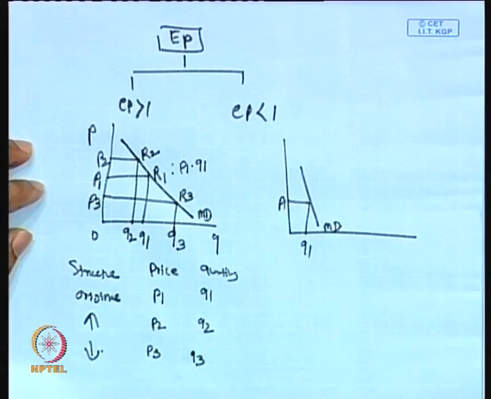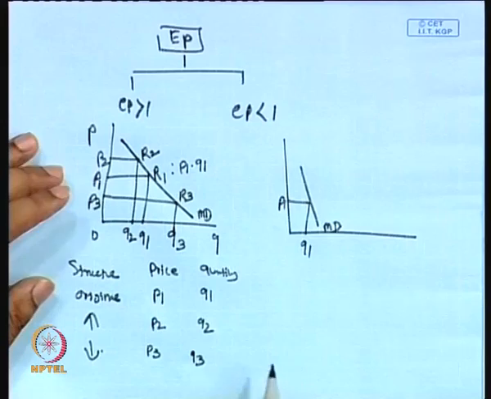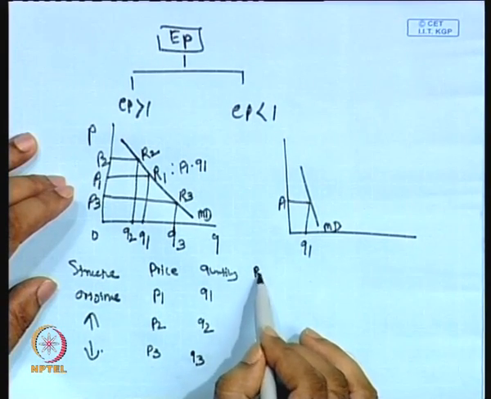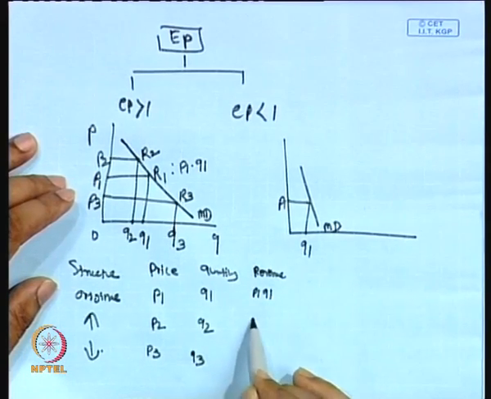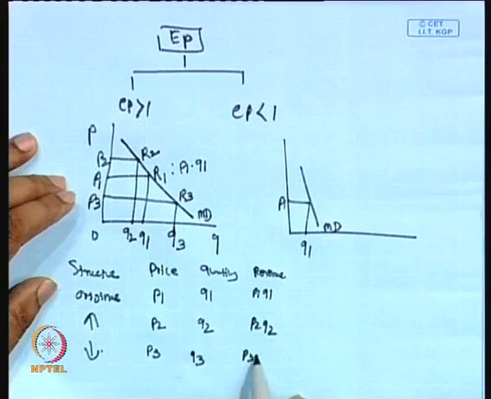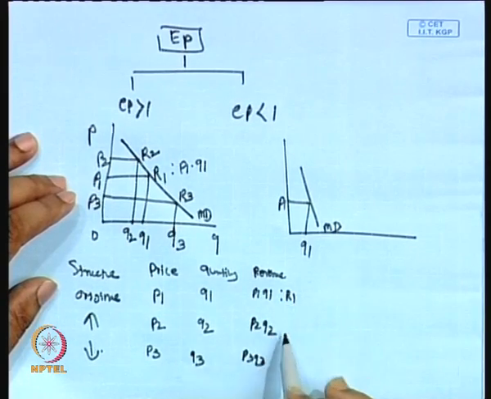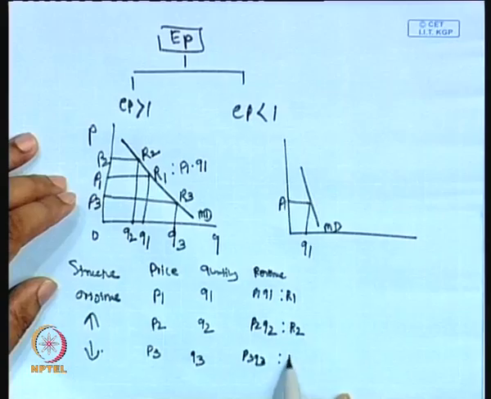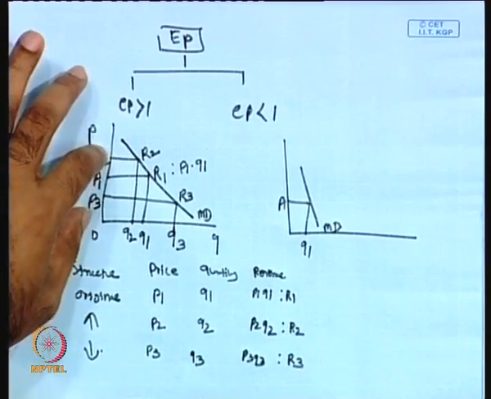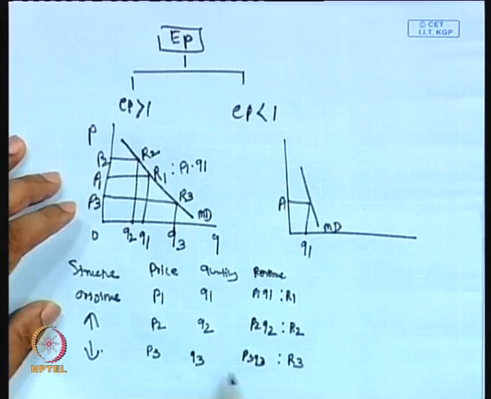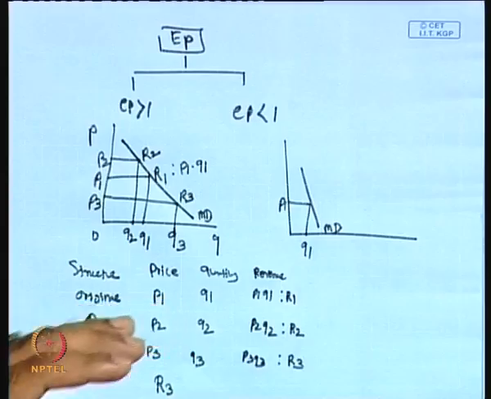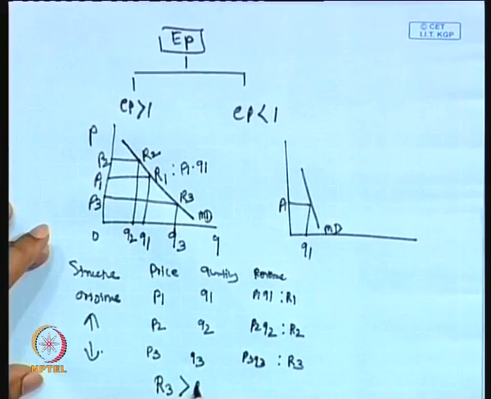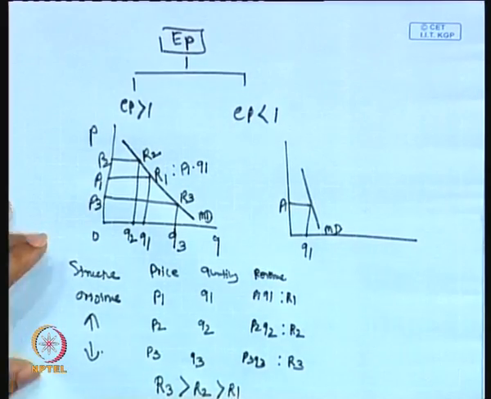Now if we make a comparative analysis, the corresponding revenues are P1 Q1, P2 Q2 and P3 Q3, which we call R1, R2 and R3. If we order them properly in ascending and descending order, then obviously R3 is greater than R2, which is greater than R1, all right.